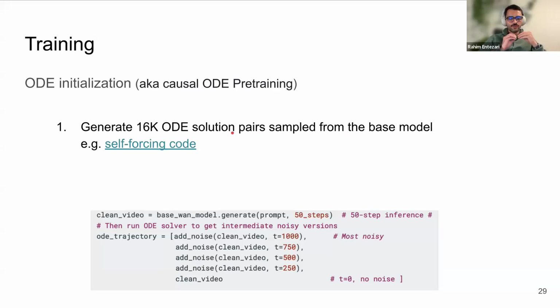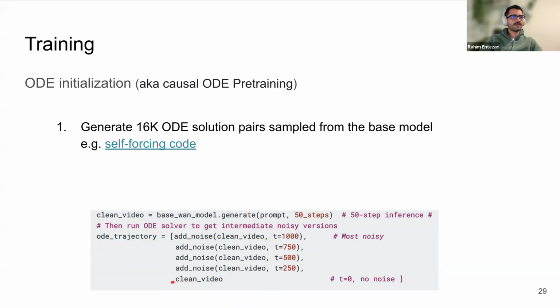So basically what you do is generate 16,000 videos. You have 16,000 prompts, let's say, right? And then you take the base Wan model, the teacher model, which does 50 steps, no distillation yet. And then you generate a lot of videos, like 16K. What you do is that you save this denoising process, which we call the ODE trajectory.